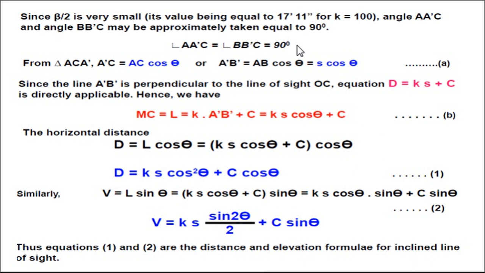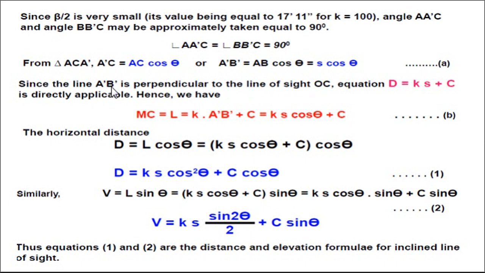Now from these angles we can write, from the triangle A C A dash, A dash C is equal to AC into cos theta, just simple trigonometry. A dash C is equal to AC into cos theta, and A dash B dash is equal to AB into cos theta. AB is nothing but the staff intercept, so we can write S into cos theta, since the line A dash B dash is perpendicular to the line OC.